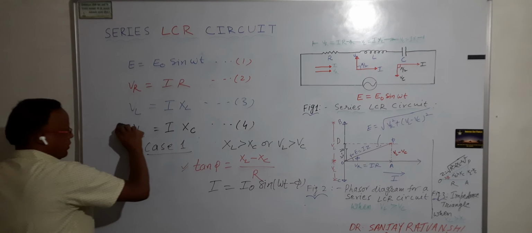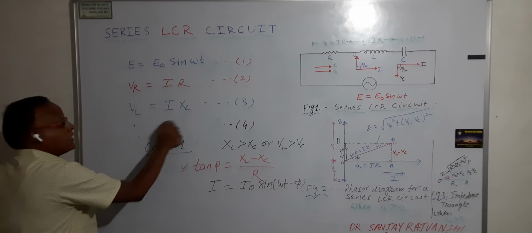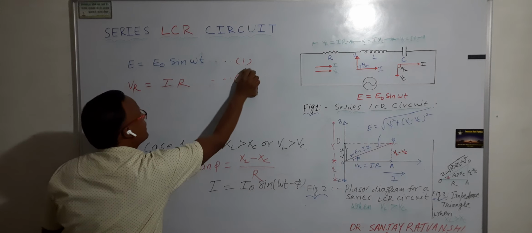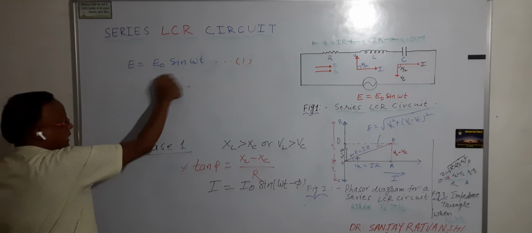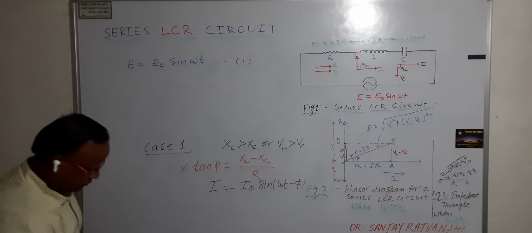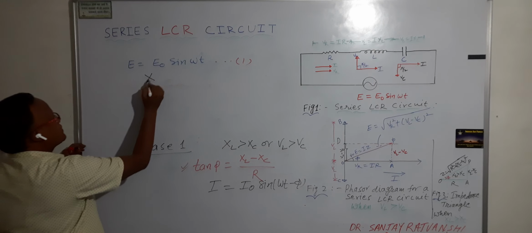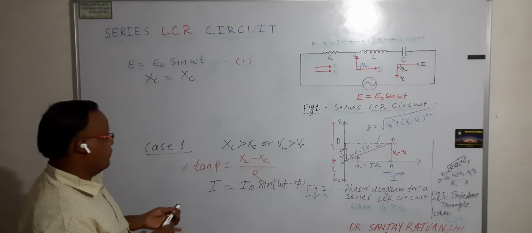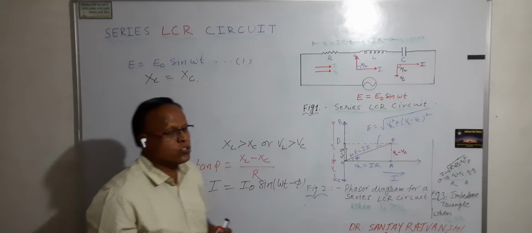Now case 2: when XL is equal to XC. If XL equals XC and you put it here, the phase becomes 0.